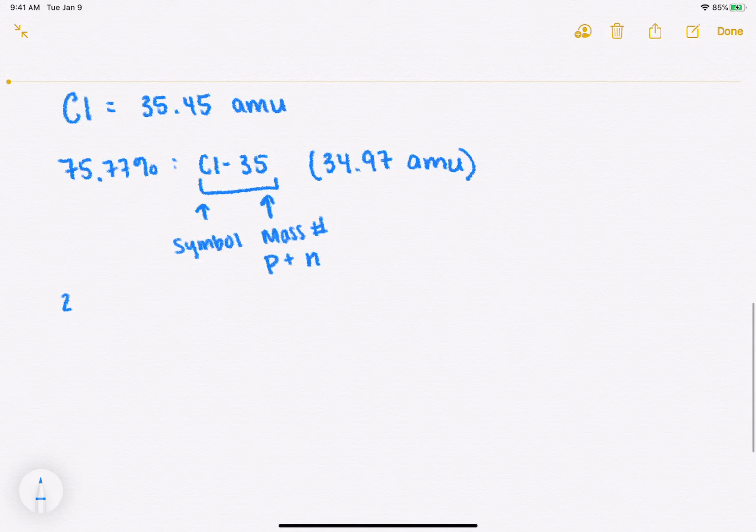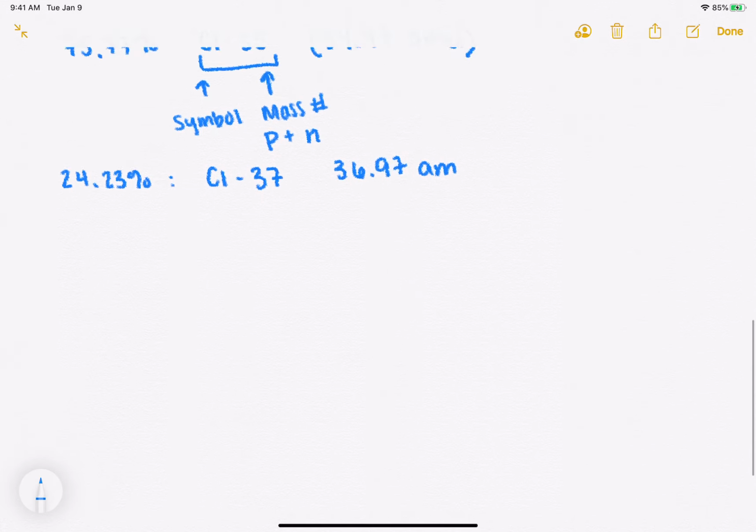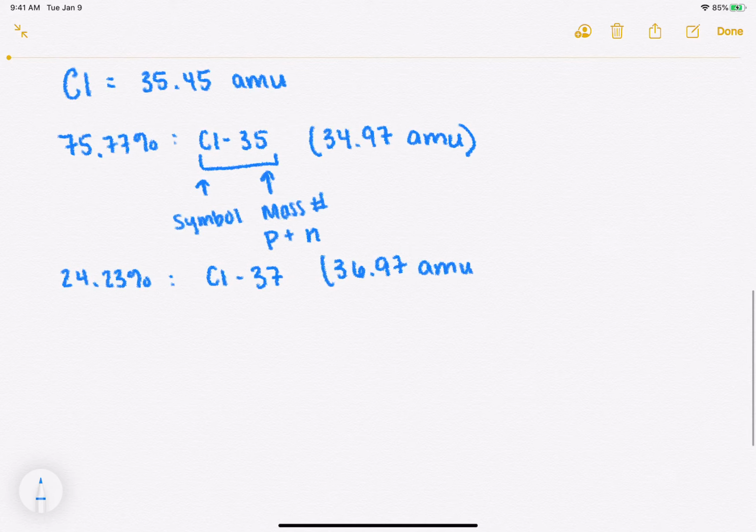The remaining 24.23% is chlorine 37. And this has a mass of 36.97 AMU. And we can use those numbers to calculate this value here, the 35.45.